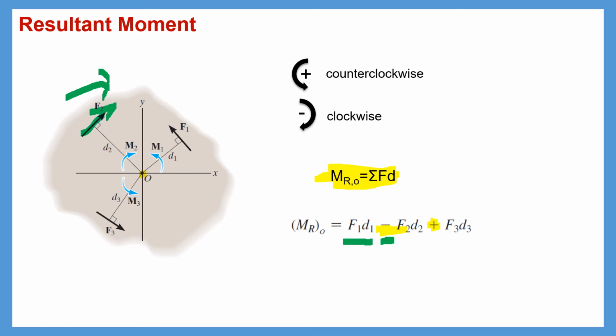And for F3, it will rotate the body in counterclockwise direction. So it is in positive z-axis. So it must be plus F3 times D3. Be careful with the tendency of rotations.